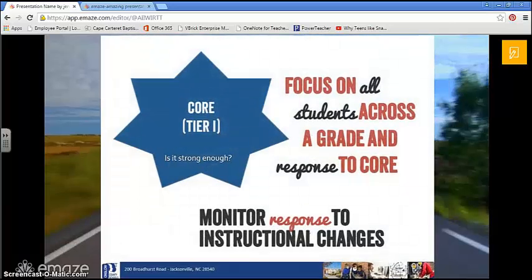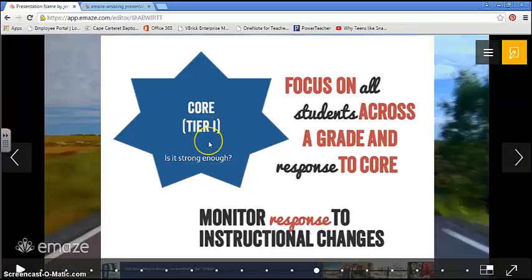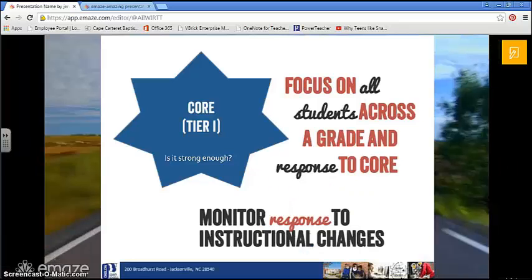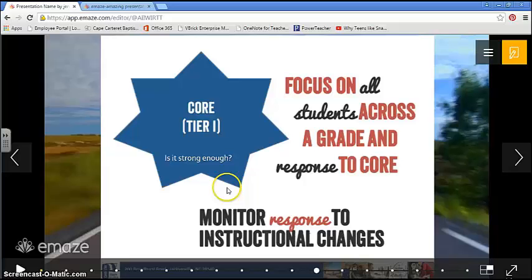So now let's take a deeper dive into each of the tiers. Tier 1, that's going to be our core instruction. And you'll see a core instruction document here shortly if you haven't seen it already. Is our core instruction strong enough?